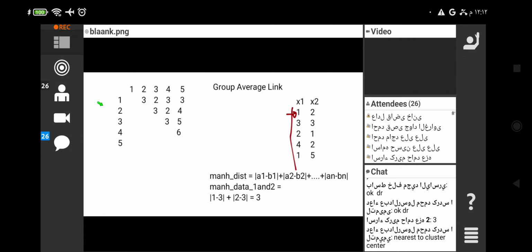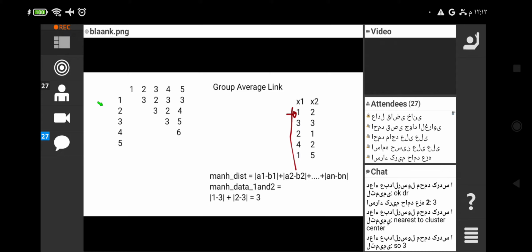Okay, here in this hierarchical clustering, we don't have cluster centers. Cluster centers were only in k-means, but here we don't have them.